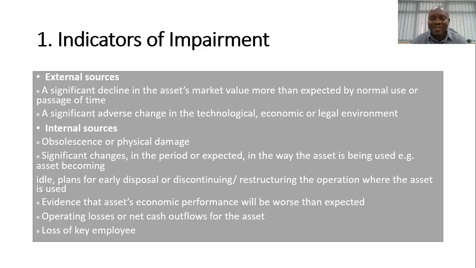Most of the tenants are leaving that area and going to another area, say for example, leaving Kabulonga and going to Roma. Regardless of how these assets or buildings or houses look, they could be in very good shape, but the market value for that particular area has gone down. Therefore, there will be need to test for impairment and possibly impair the assets.